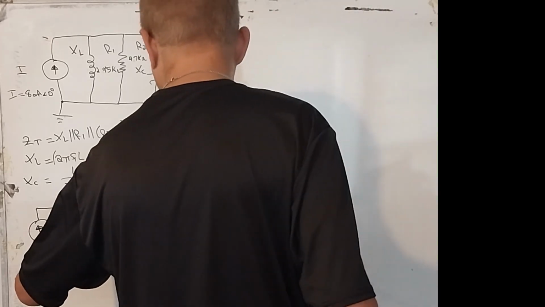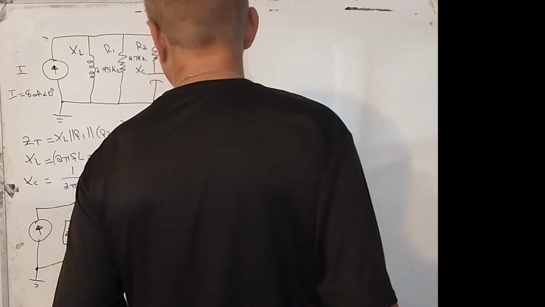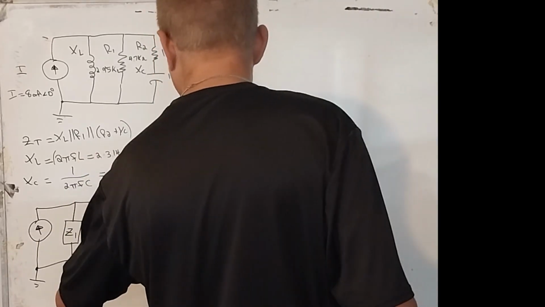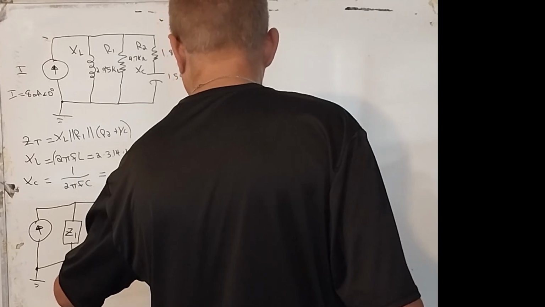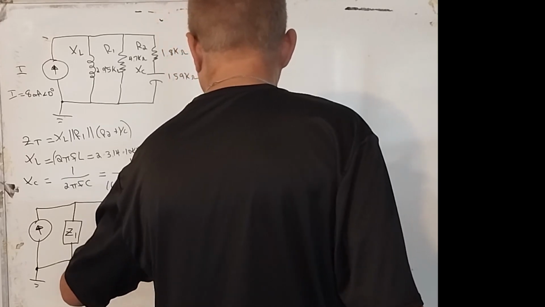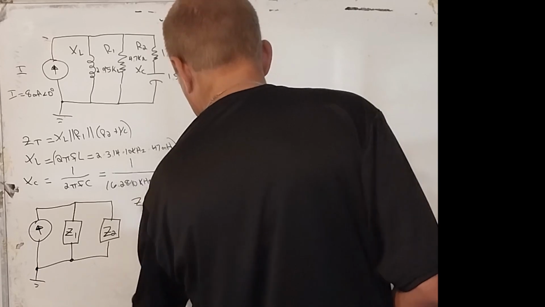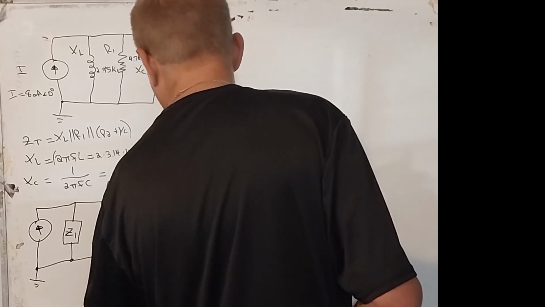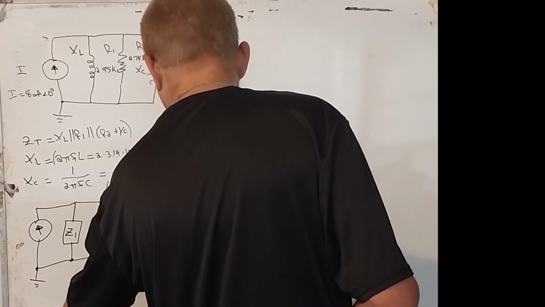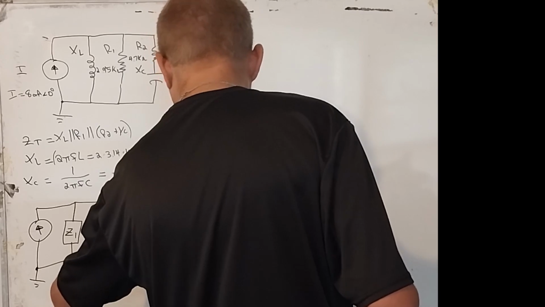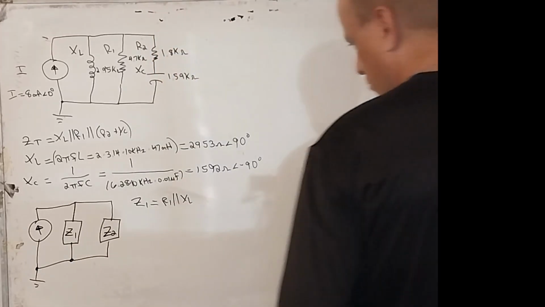So Z sub 1 is equal to X of L in parallel with R1, which is equal to, I'm going to be really consistent with how I do that.